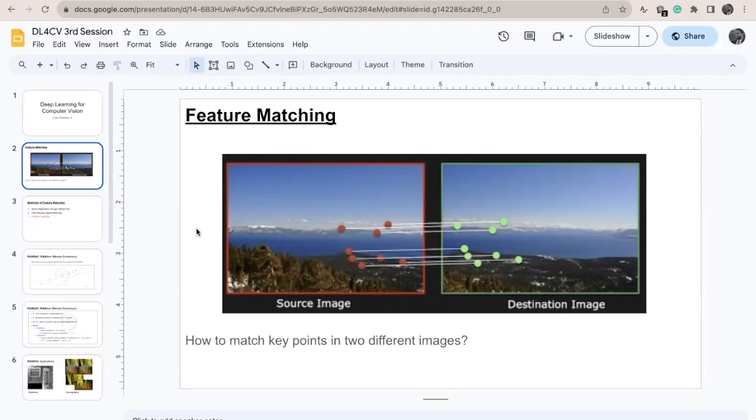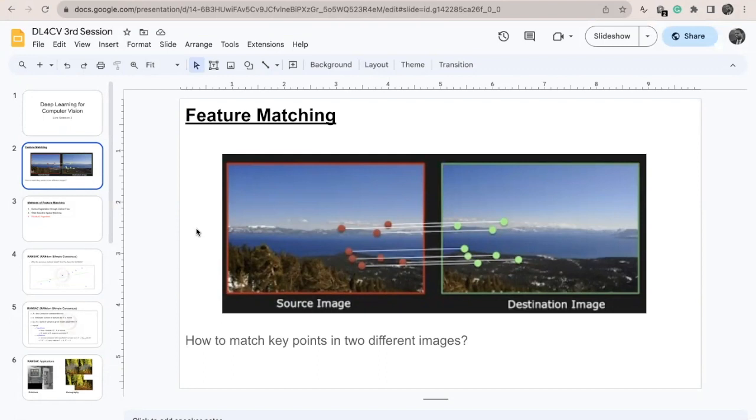So let's say there are two images, and these two images are taken from the same location but from a different angle, and a lot of points in these two images are similar and are actually the same, and the task is how to merge these two images. So let's say I have an image of the same place, of the left side and of the right side, and how do I merge this image? One practical application of this is the panoramic picture that we generally capture.